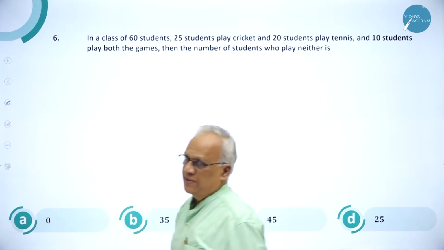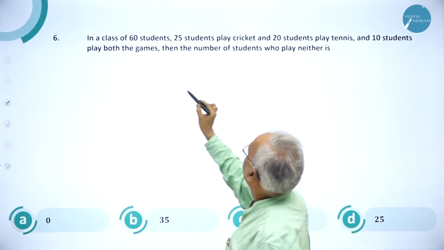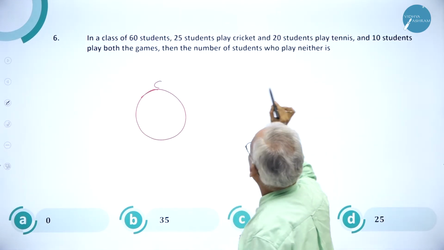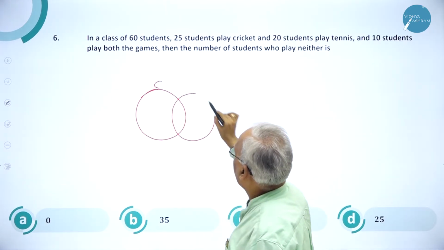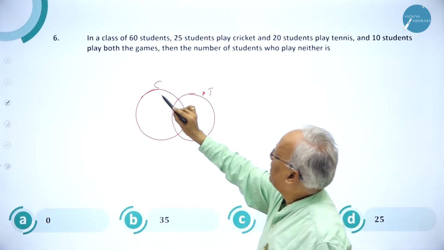Okay. Next, in a class of 60 students, 25 play cricket, and 20 play tennis. And 10 students play both the games.